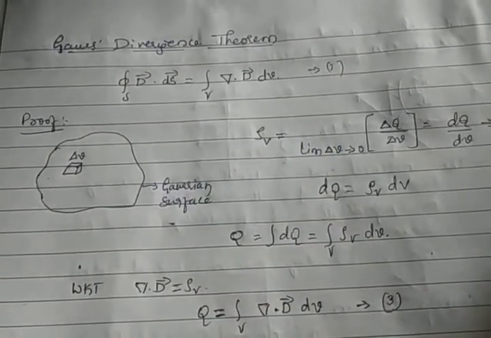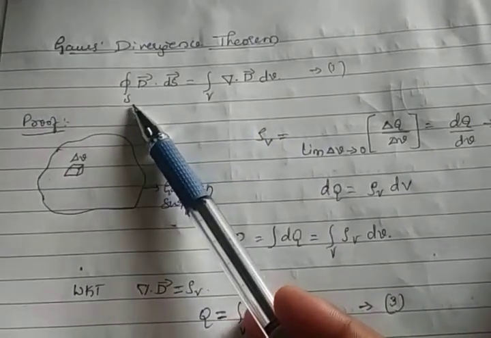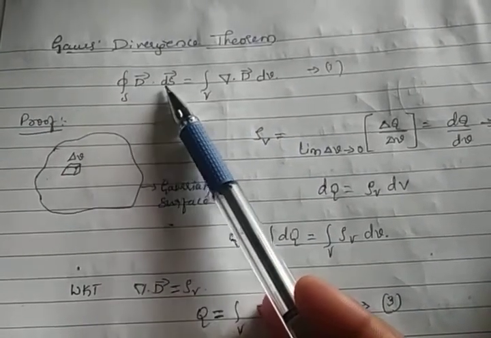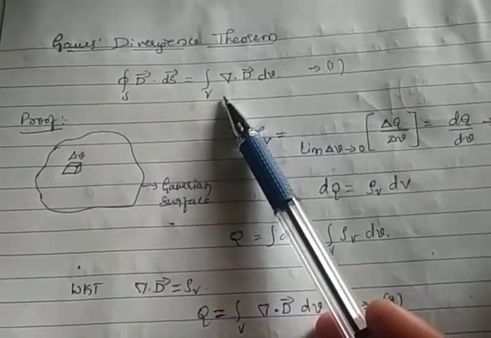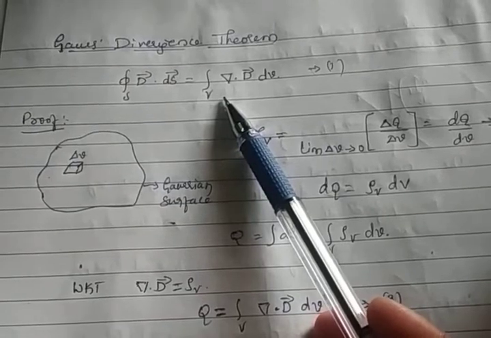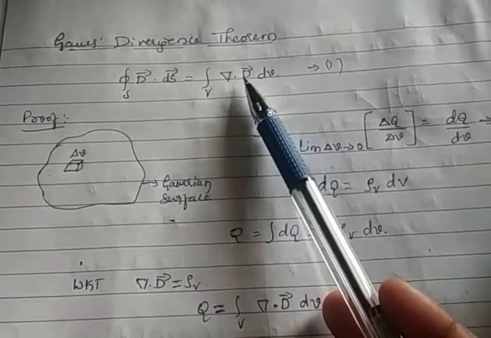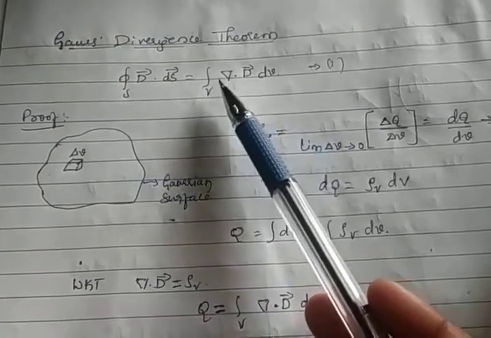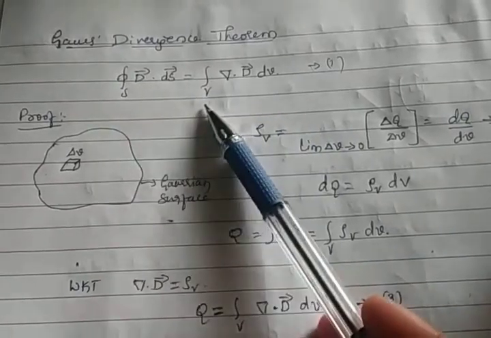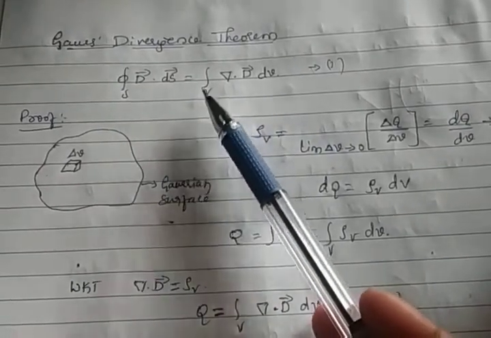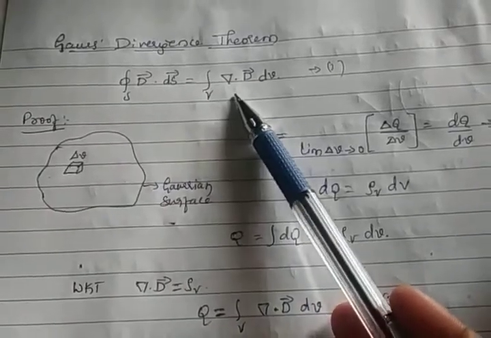It is represented mathematically as the closed surface integral of vector D dot vector dS equal to the volume integral of the divergence of the flux density throughout the space enclosed by the surface. This is the mathematical expression. The Gauss divergence theorem statement and expression are very important.